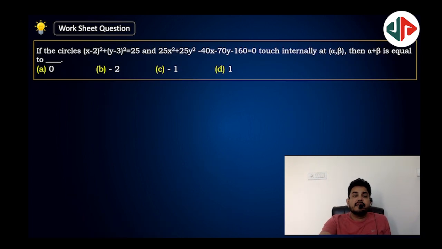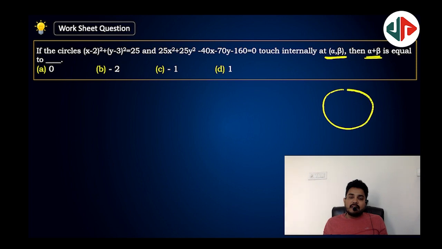Next question is, if the circles touch internally at alpha comma beta, then what is alpha plus beta? So the circles touch internally. This is how the circles are touching at alpha comma beta. You look at this circle actually.